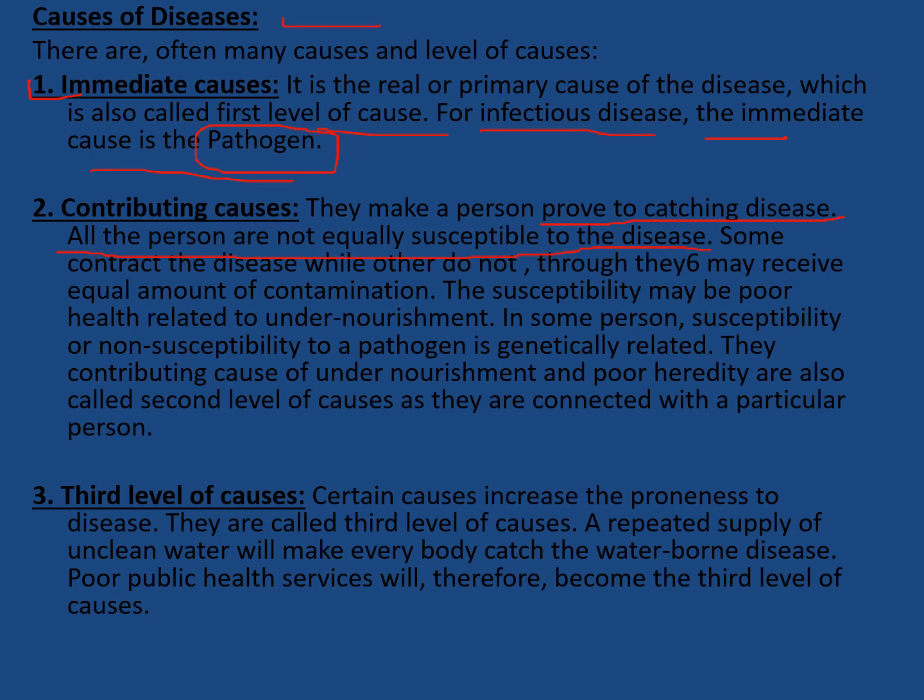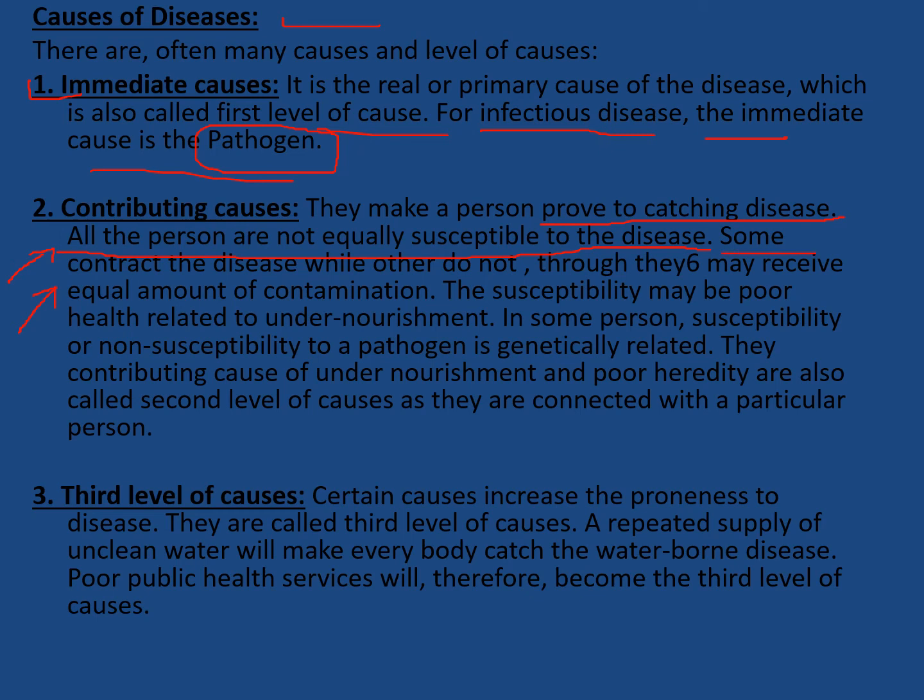Due to the difference in their immune system, some persons, after catching the disease, are not showing the symptoms. Why? They are the non-susceptible. But some persons, after catching the disease, can easily show the disease. Why? Their immune system is too weak. Because of that, they can easily show their symptoms, and they are known as the susceptible to the disease.